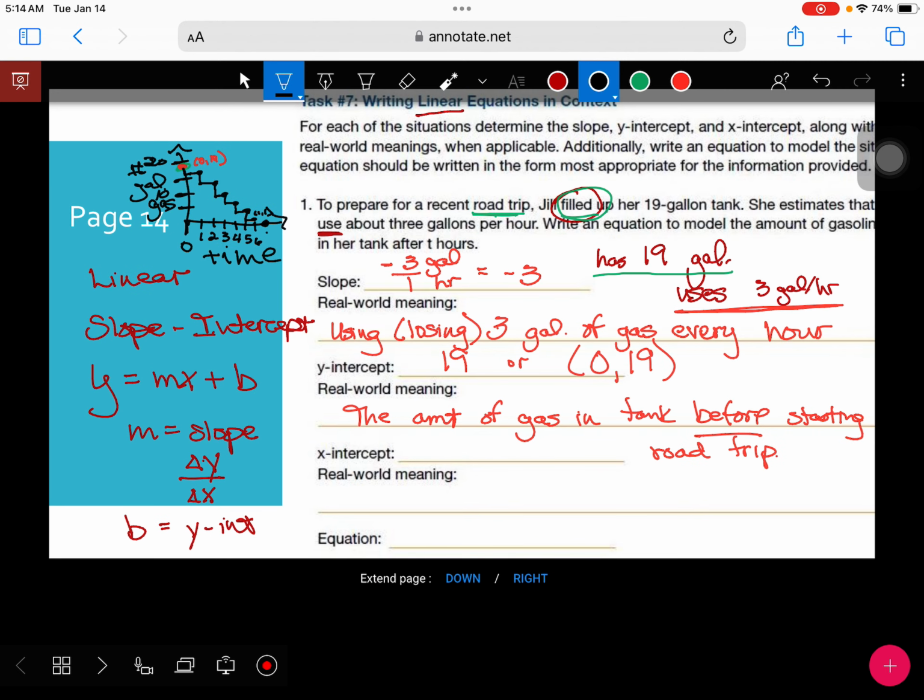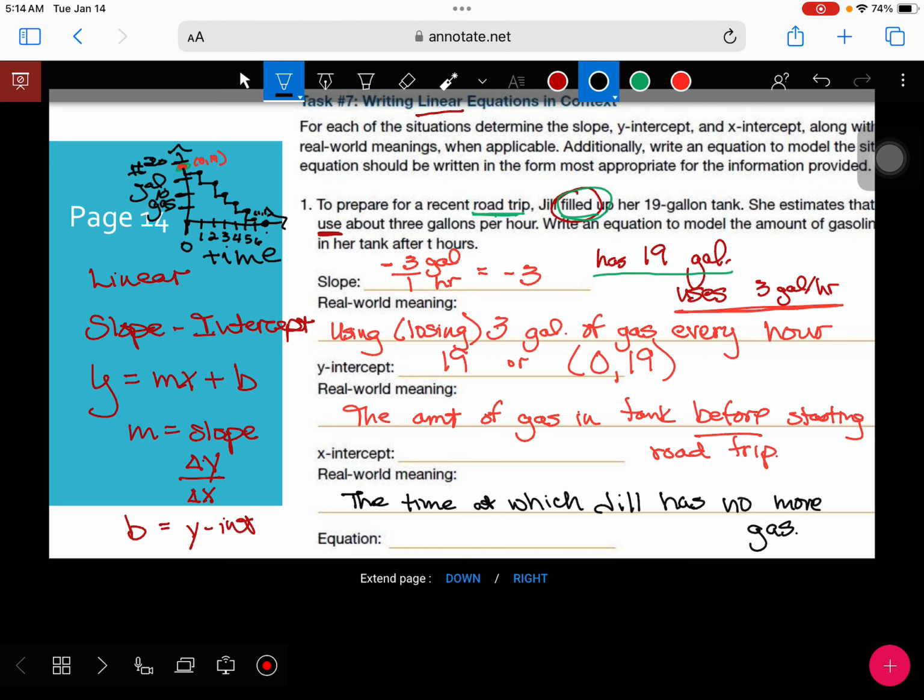And unfortunately, my brain's not hitting on all cylinders. So I can tell you the real world meaning is the time at which Jill has no more gasoline in her vehicle.